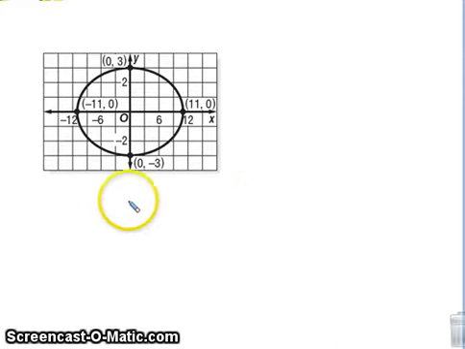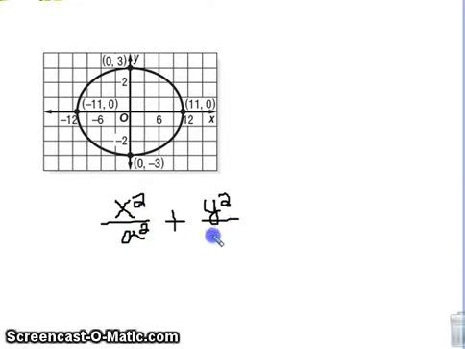But it is horizontal, so that's going to mean we use x squared over a squared plus y squared over b squared equals 1. And so my a is going to be what? 11.